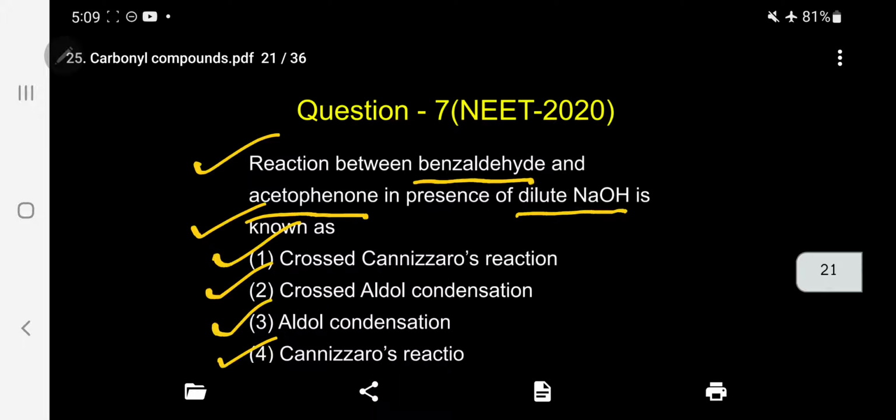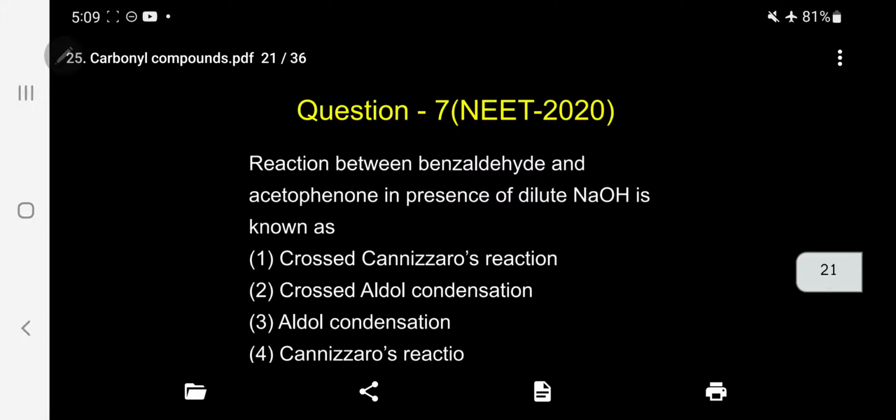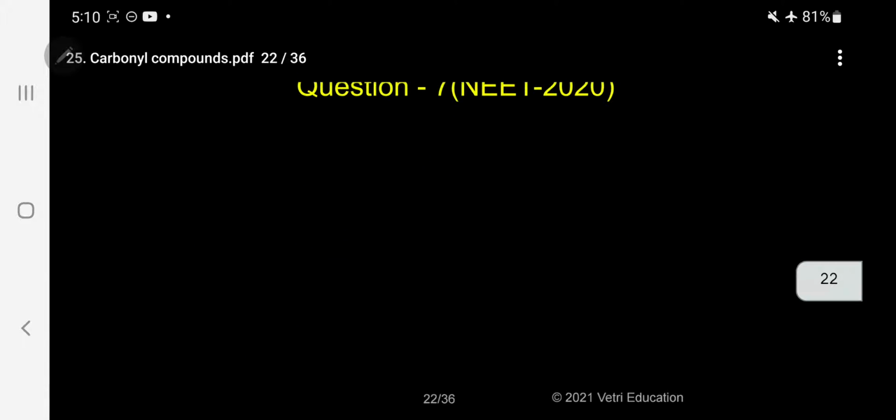My dear students, you must know the reaction between benzaldehyde and acetophenone in presence of dilute sodium hydroxide is known as one among the options. So probably it may be crossed aldol condensation, maybe. Let us verify it from the discussion.